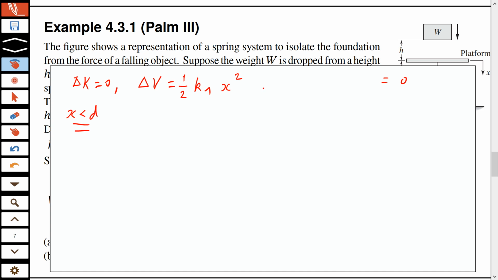And because it's change in energy, so let's say that the maximum is x max, and the minimum value of x, x min, is zero. It has not deflected. So it will be x max squared minus x min squared. This will be the change.